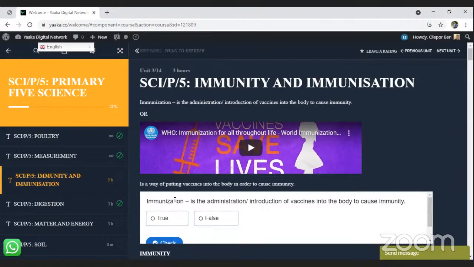Here we said that immunization is the administration or introduction of vaccines into the body to cause immunity. Is it true? If it is true, you just click on true, then you check whether you've got the answer correct. If it is not true, then you put false, then you check. As simple as that. But for this one, is it true?